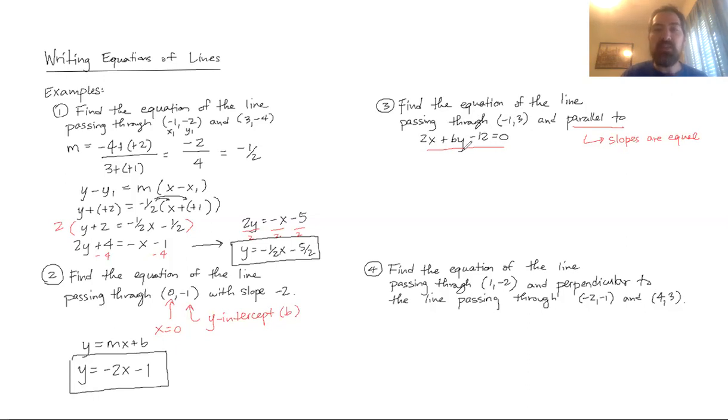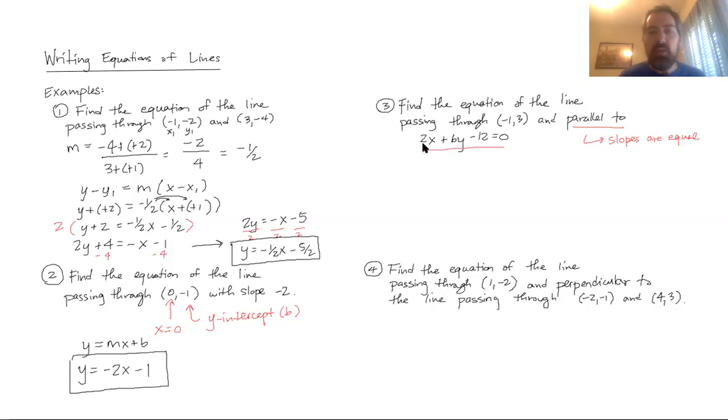In order to find the slope, we want to convert this to slope-intercept form, because then the slope is the number in front of x. To do that, we can solve for y. So we're going to move every term besides the y term to the right-hand side.